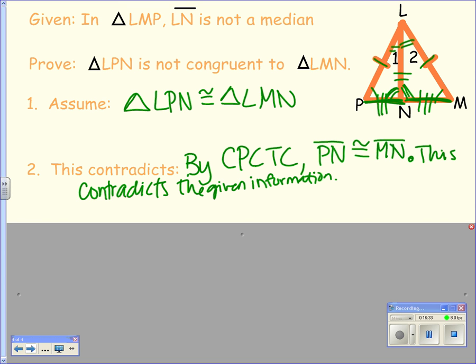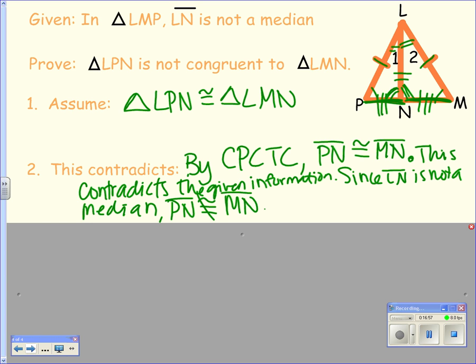Since LN is not a median, what does that mean? Those two cannot be congruent, which makes your contradiction. Does that make sense?